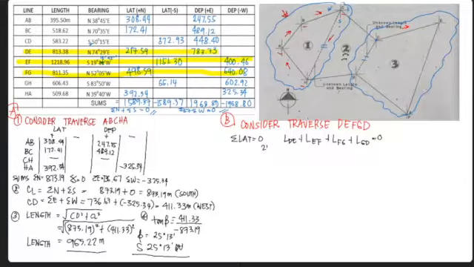So, 217.59 plus negative 1151.3 plus 498.59 plus LGD is equals to 0. So, we have L or the latitude GD. So, GD should be north, no?